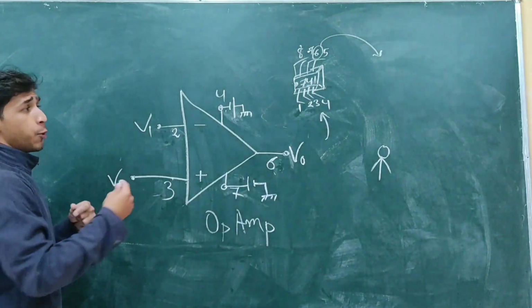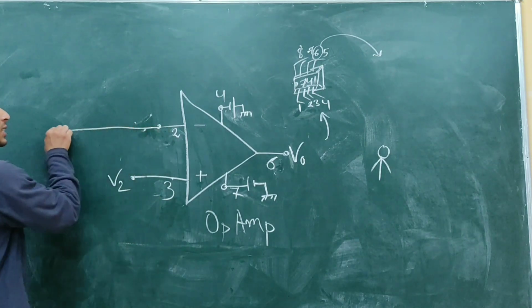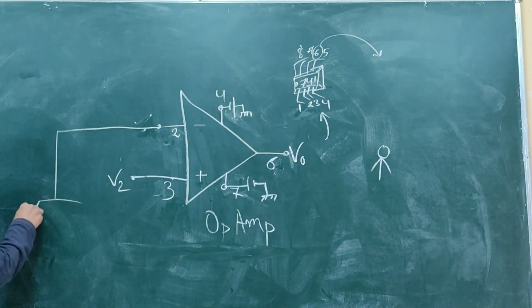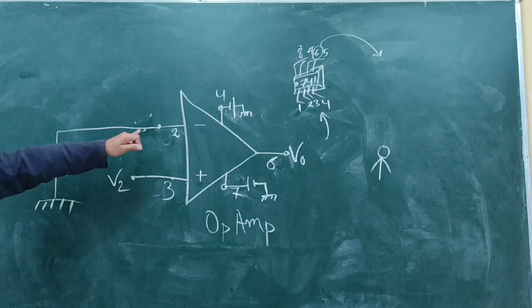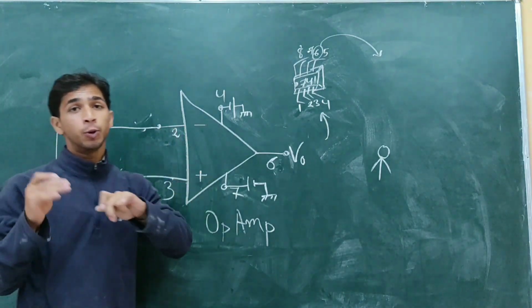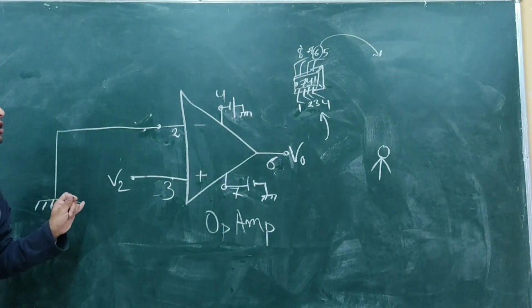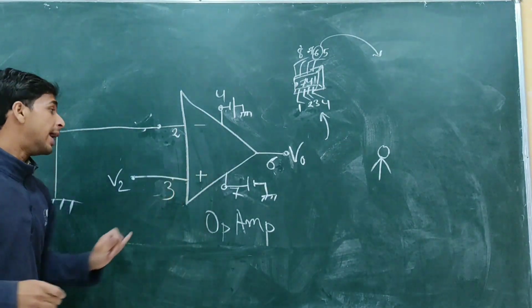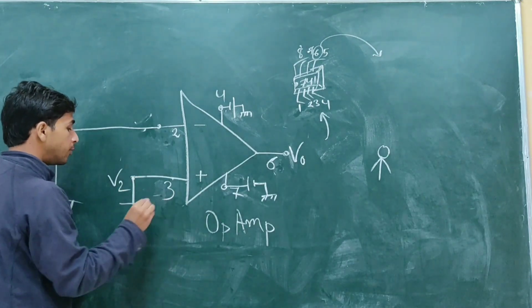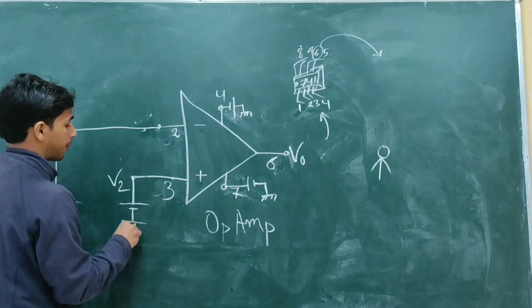To look at the non-inverting terminal, you have to ground the inverting terminal. Now I am grounding this inverting terminal. Negative means inverting terminal. So in the IC you have noticed there are two inputs, and I am grounding the inverting terminal and giving some positive input to the non-inverting terminal with respect to ground.